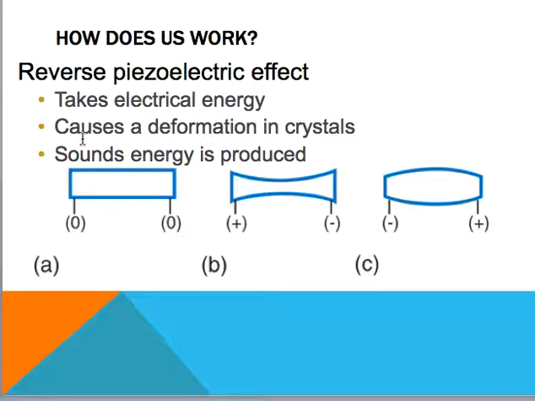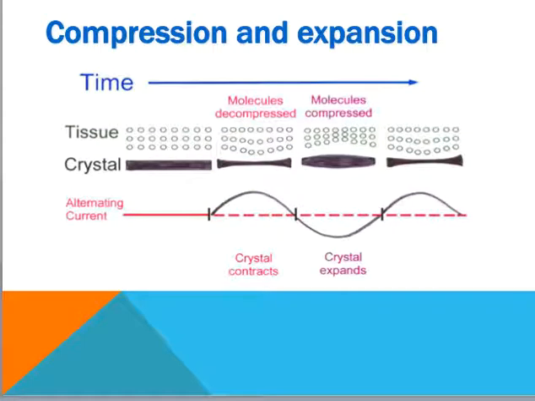So that's what's taking place with ultrasound. You plug the machine in, electric current comes through that causes these crystals to expand and contract or deform, and then sound energy is produced. So here's another picture of it. Here's the crystal or the alternating current, and then the crystal contracts and expands based on where the current is at. And that affects the molecules, whether they're compressing or decompressing.